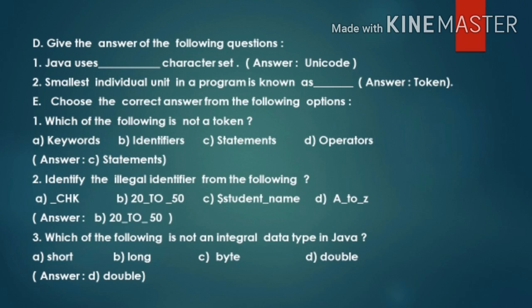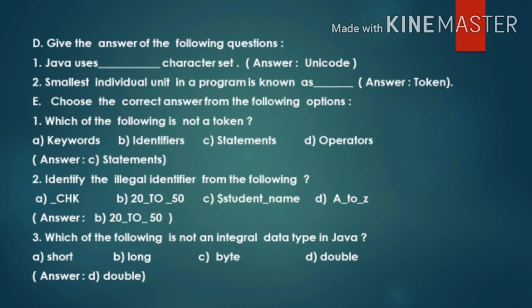Question number 2. Identify the illegal identifier from the following. The options are A is underscore CHK. Option B is 20 underscore 2 underscore 50.